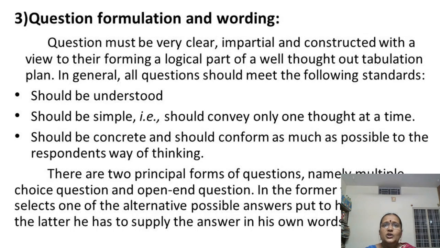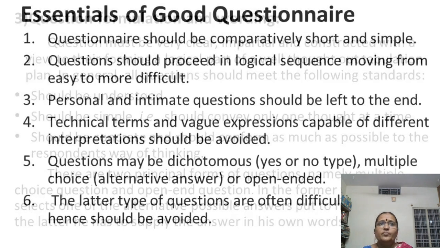And thirdly, should be concrete and should conform as much as possible to the respondent's way of thinking. There are two principal forms of questions, namely multiple choice question and open-ended question. In the former, the respondent selects one of the alternative possible answers put to him, whereas in the latter, he has to supply the answer in his own words.